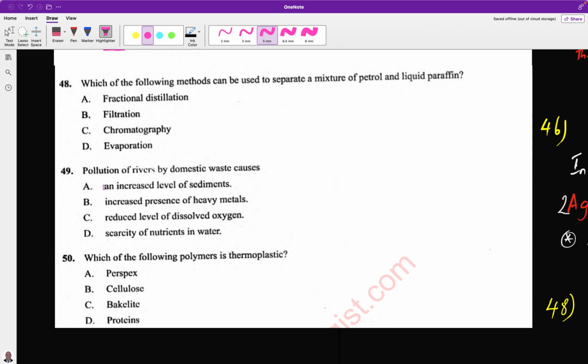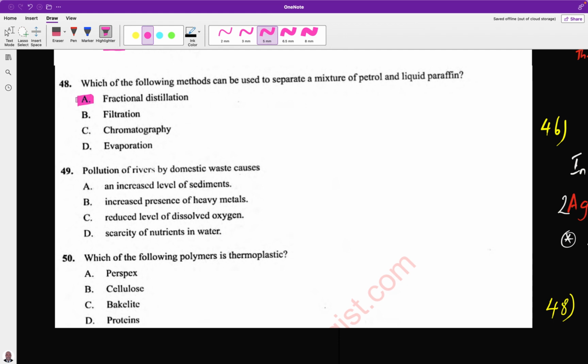So petrol and paraffin have different boiling points, and they can only be separated using fractional distillation. So it can be used just by A, fractional distillation.